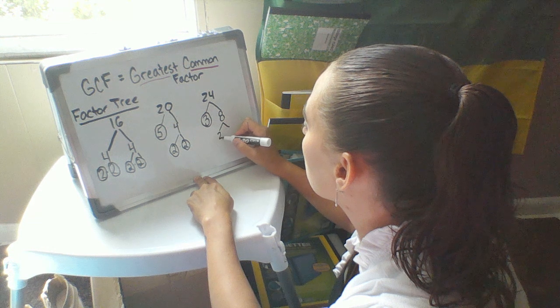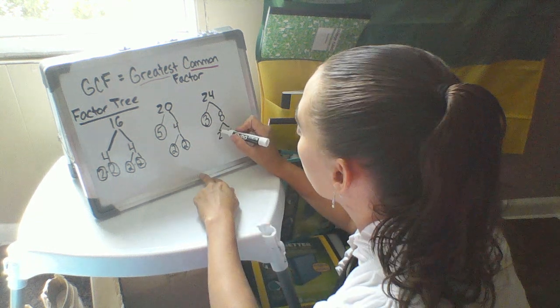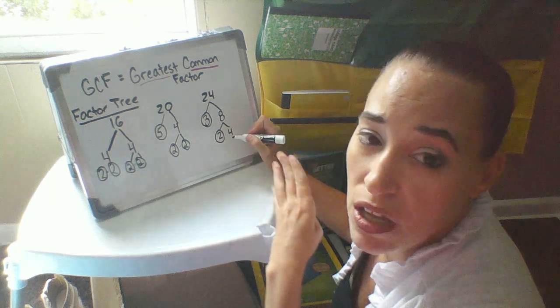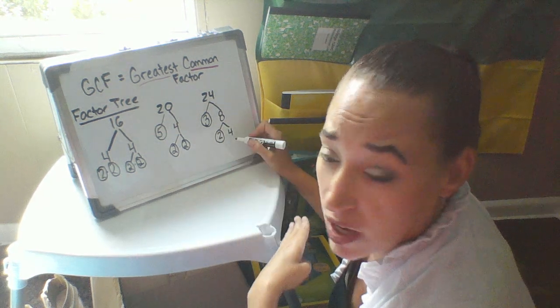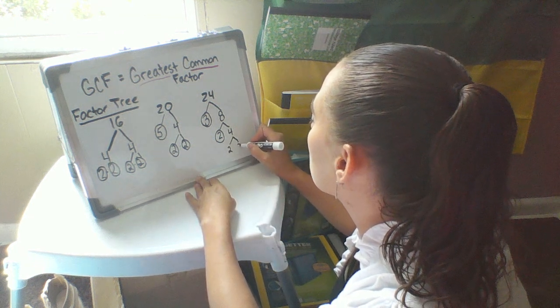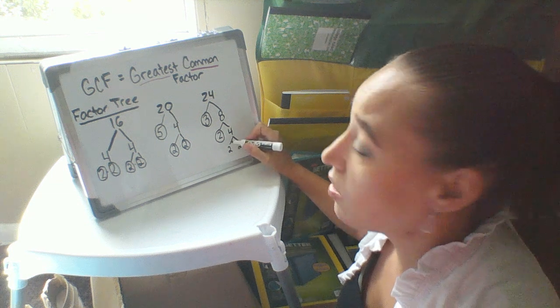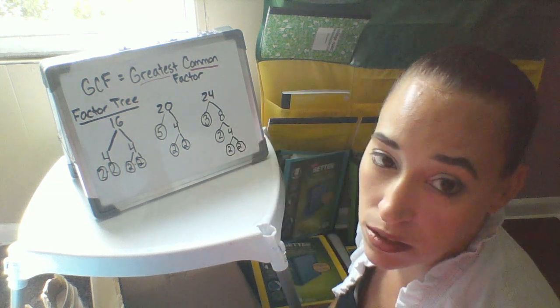I'm going to say 2 times 4 equals 8. I'm going to circle that prime number. I know my left-hand side, again, is done. But 4, I can keep dividing out. 4 is 2 times 2. Now I know both of these are prime numbers. I circle it, and I'm done.